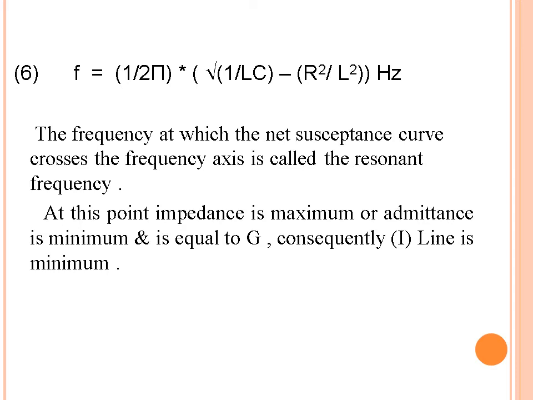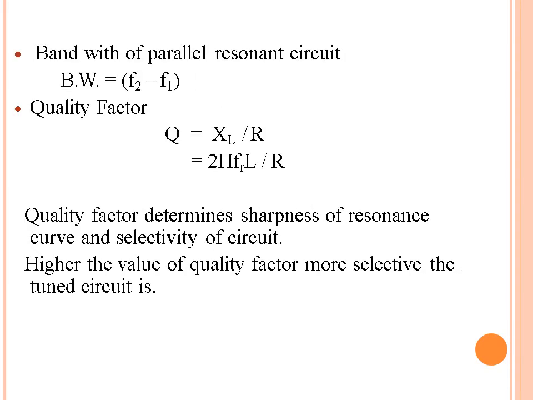The frequency at which the net susceptance curve crosses the frequency axis is called the resonant frequency. At this point impedance is maximum, or admittance is minimum and equal to G. Consequently, line current is minimum. The bandwidth of the parallel resonance circuit is given here.